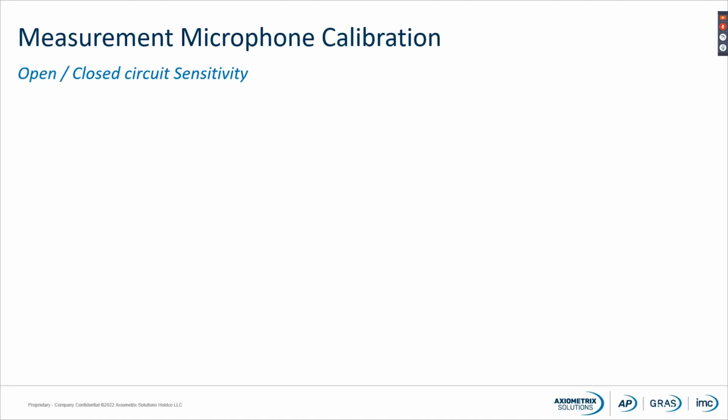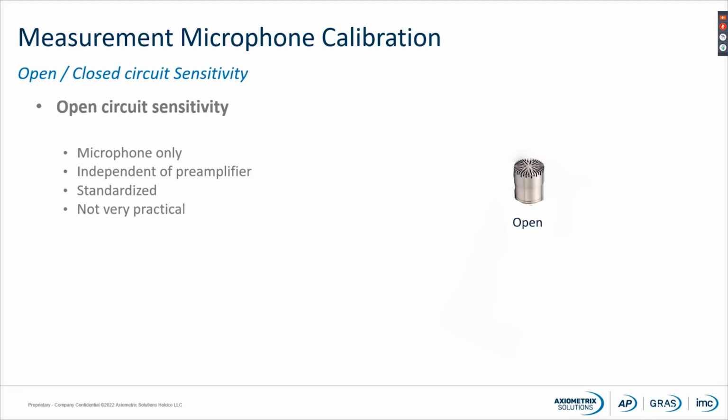But how do we actually measure the open and closed circuit sensitivity? The open circuit sensitivity is for the microphone only. It's independent of the preamplifier. It's a standardized value, because this is the value mentioned in the IEC 61094 standard.